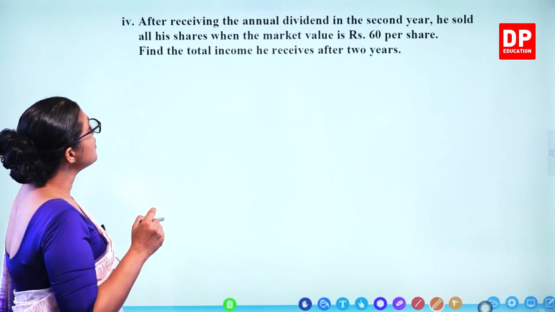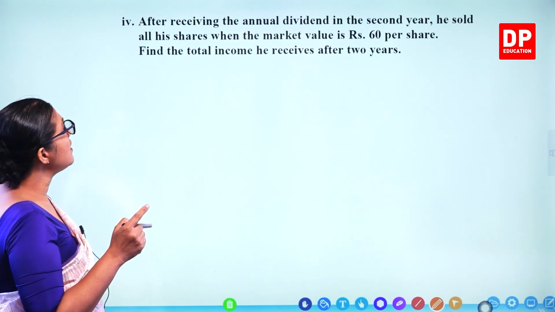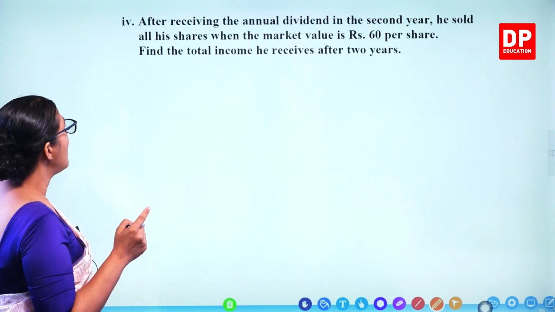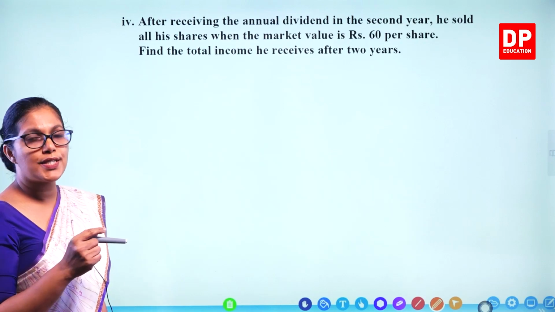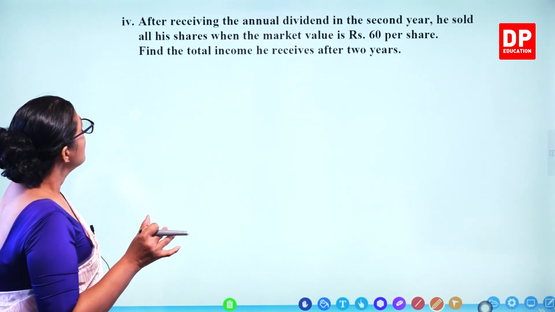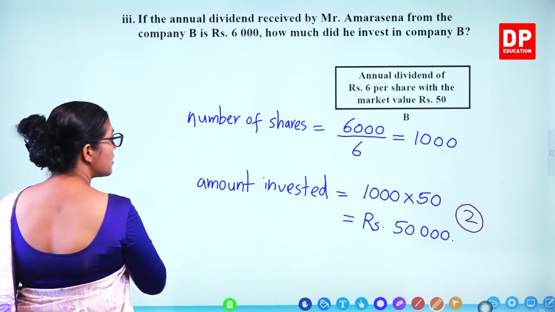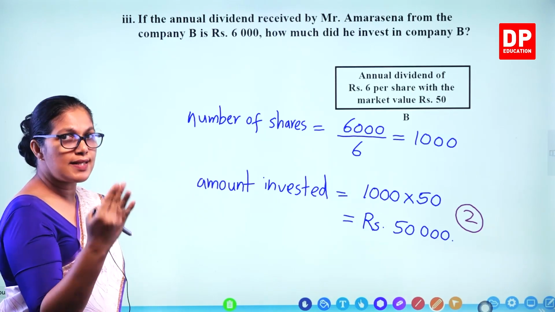Last part, after receiving the annual dividend in the second year, he sold all his shares when the market value is 60 rupees per share. Find the total income he receives after 2 years. So here, after the first year, he got 6,000 rupees. After the second year also, he is getting the same amount.